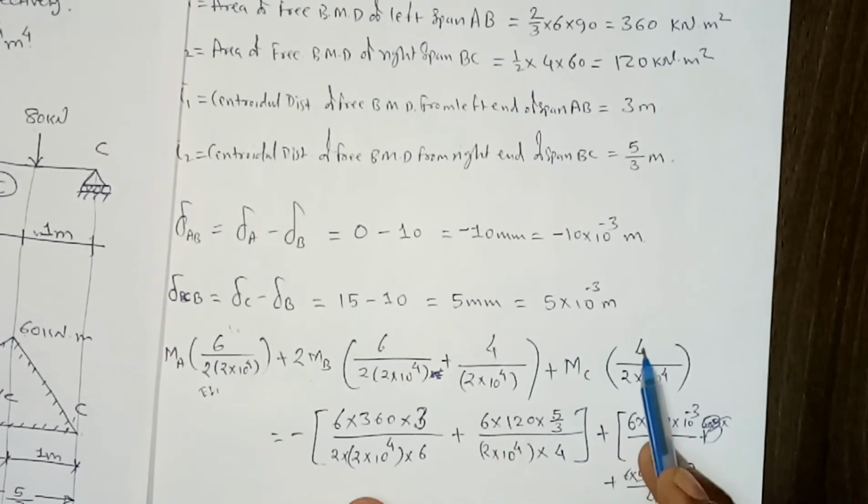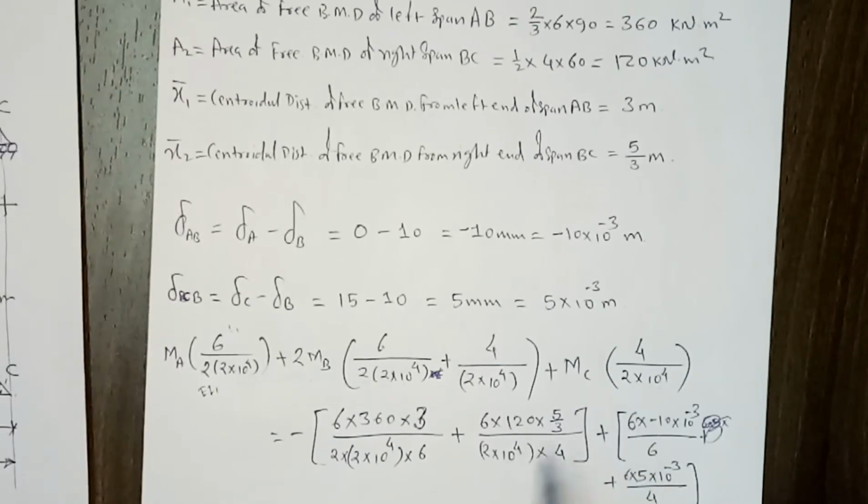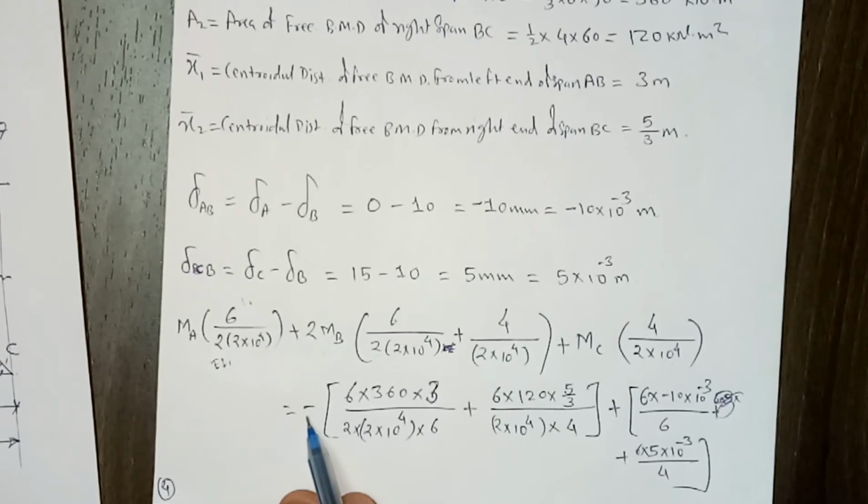Then MC, L by EI, so for the second span it is only EI, so we are not multiplying by 2, equal to the right hand side. So we'll substitute the values in the right hand side part.